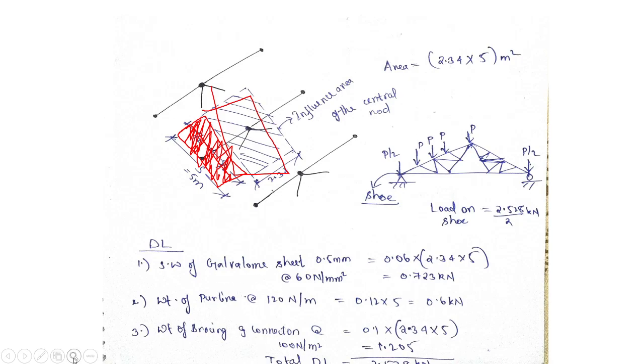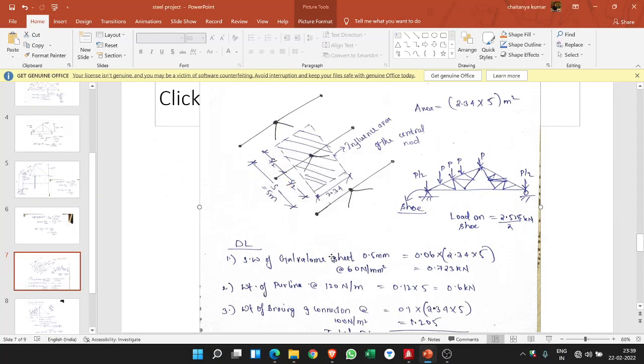Here our dead load, for the galvanum sheet, is thickness 0.5 mm with unit width 60 newton per meter square. So 0.06 kilonewtons multiplied by the influence area will give us the load.